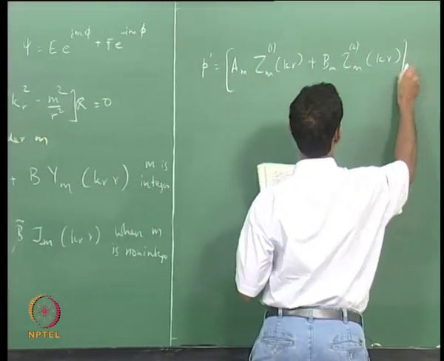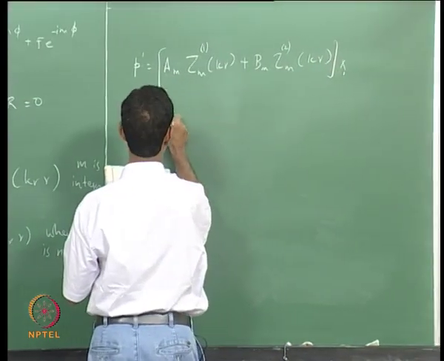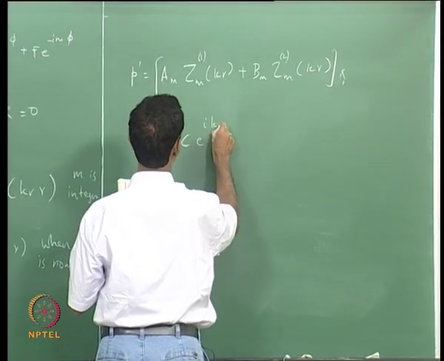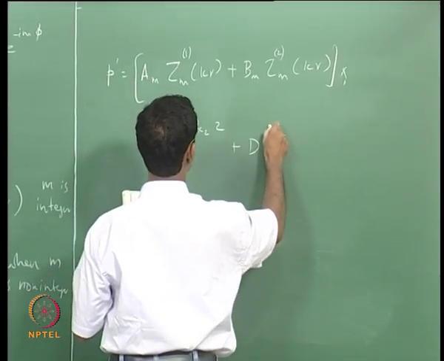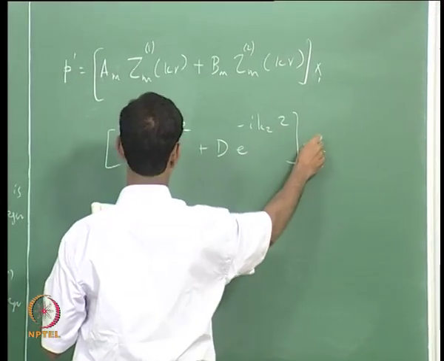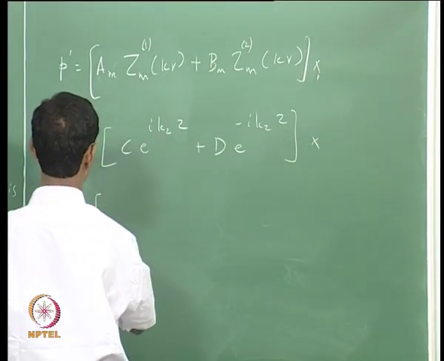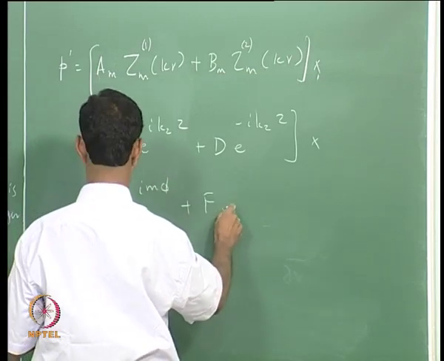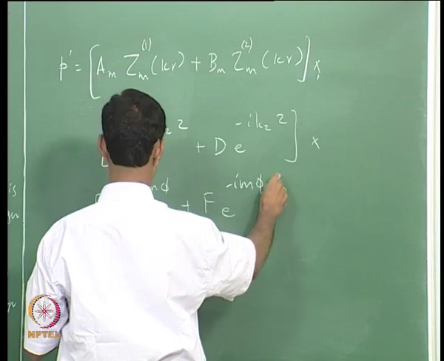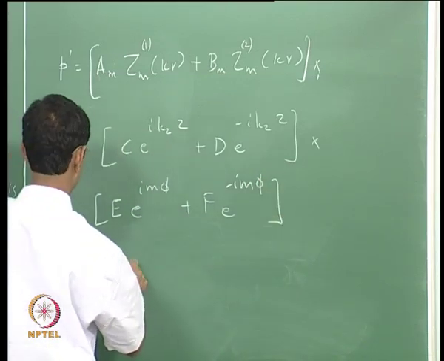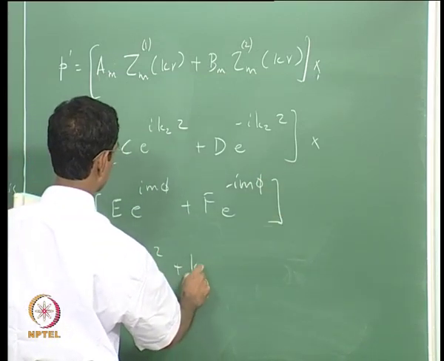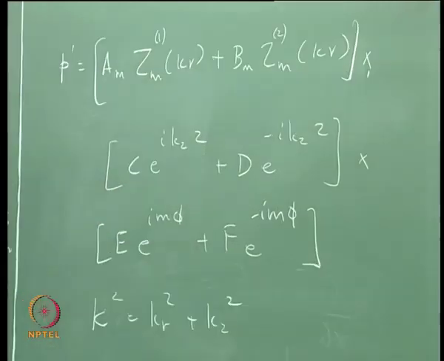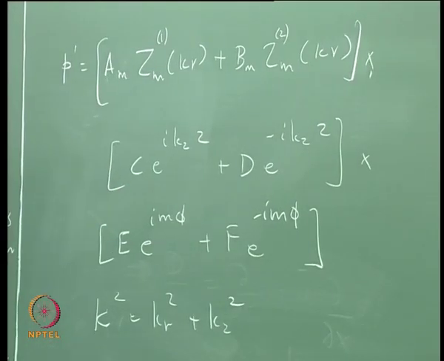So we multiply this by e to the power im phi plus f e to the power minus im phi, and we also have to remember that this m here is coupled with this m here.